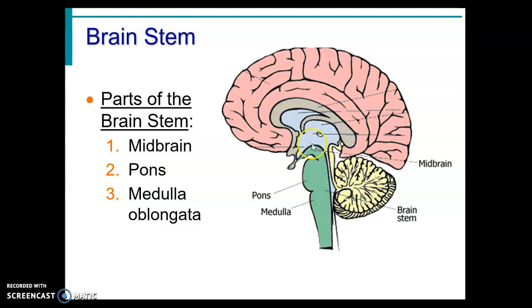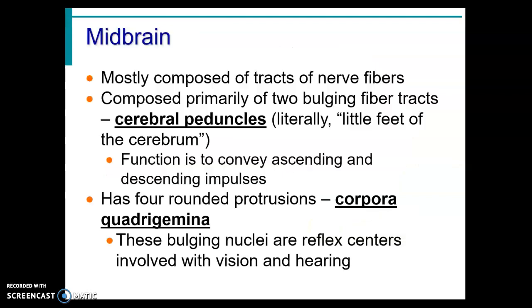So you have all of this going on that's controlling a lot of different functions in your body. And we'll look at those a little more in depth in a different section, but right now we're just kind of looking at what they are. So midbrain is the top part. It's mostly composed of tracts of nerve fibers which are bringing information down from the brain, and it's basically two bulges, cerebral peduncles, which really means little feet of the cerebrum.